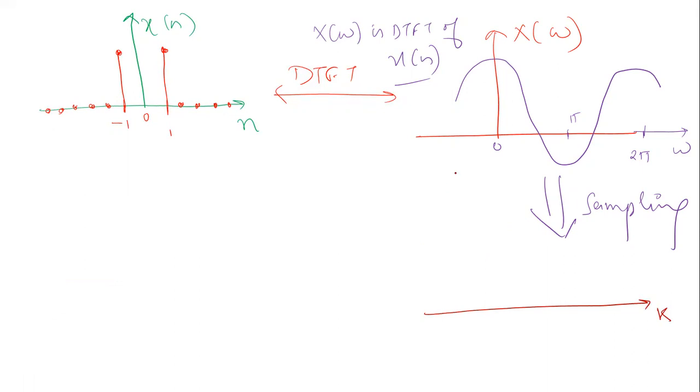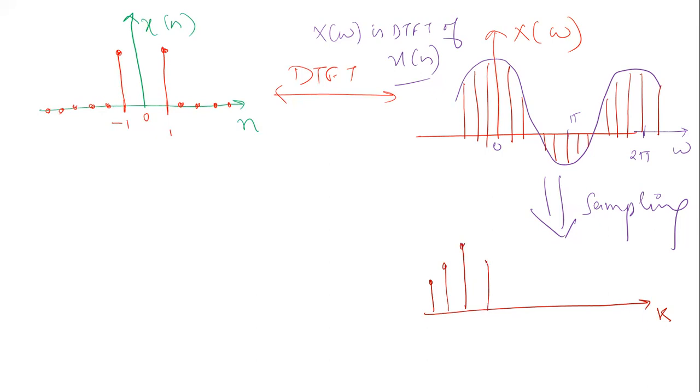So you are basically sampling this part, and after sampling this DTFT, which is quite continuous in nature, you'll get something like this.